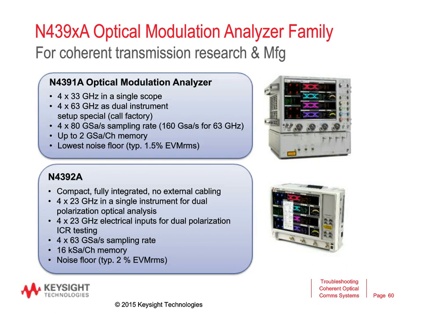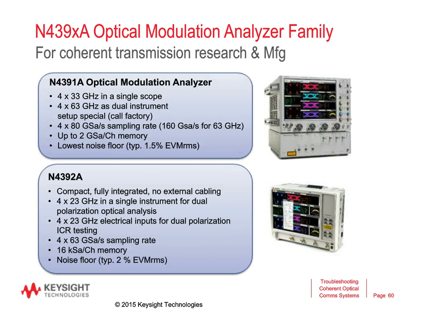We have 80 gigasample A to Ds running inside this oscilloscope that we use, and 160 gigasample for the 63. We can boost up the memory up to 2 gigasamples per channel, and we have the lowest EVM noise floor reported to be typically 1.5% EVM RMS, which is the lowest EVM that you could measure.